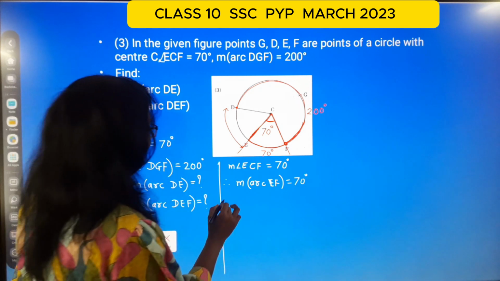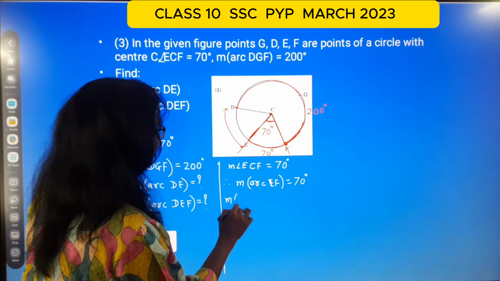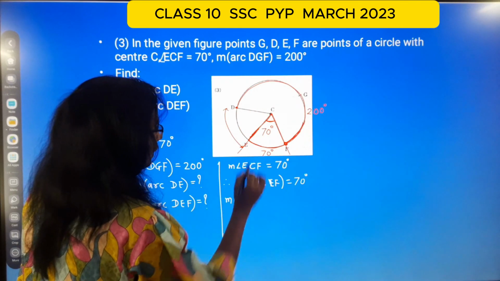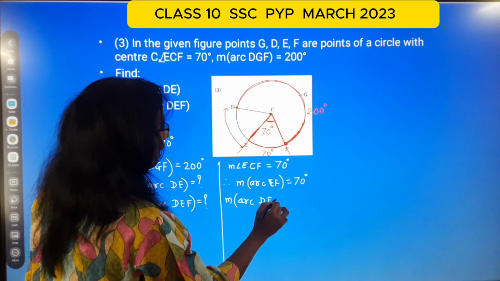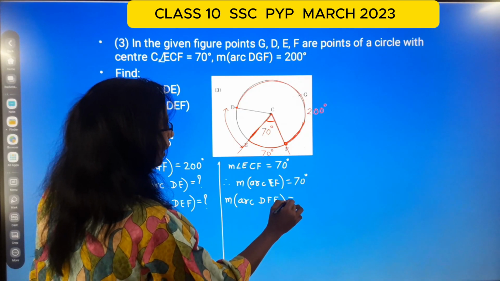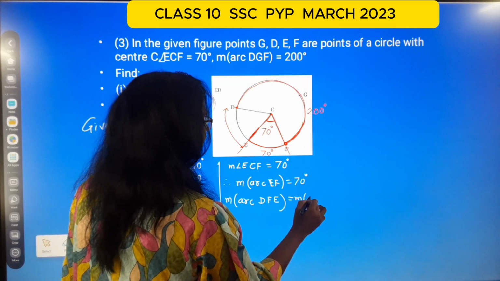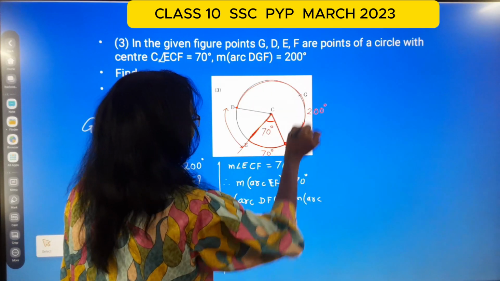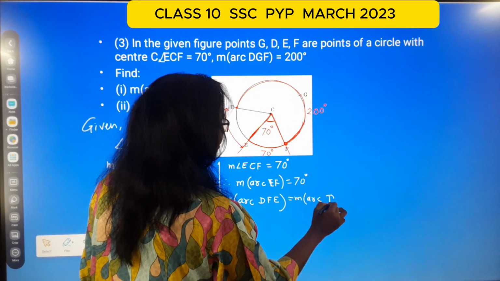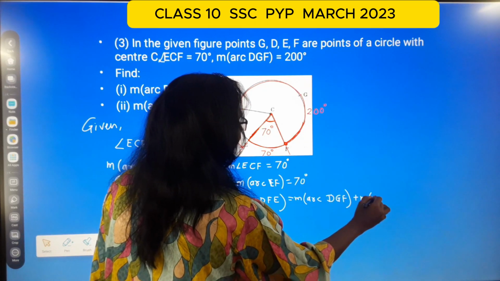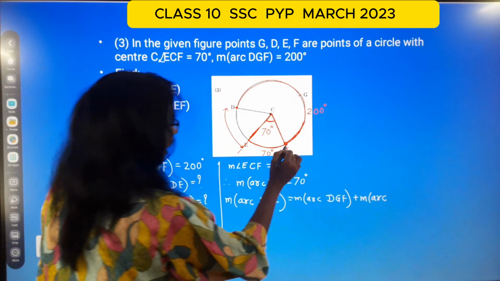So now here I calculate major arc DFE, that will be the major arc DGF plus arc FE.